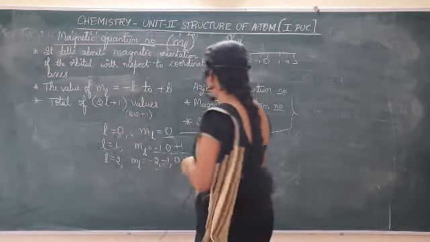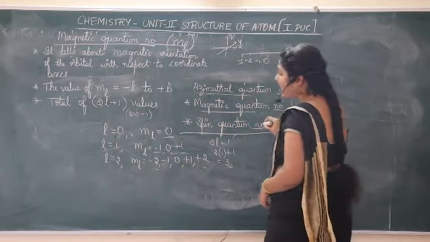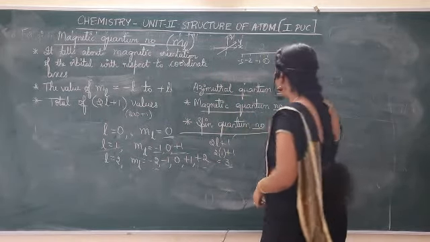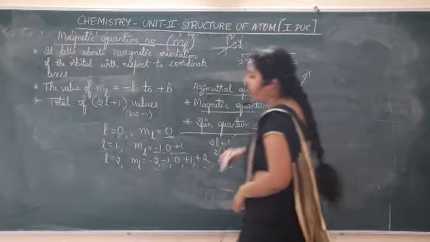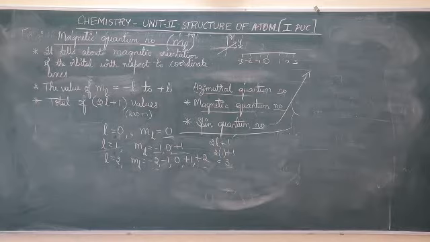Which is the next one we have? Next one we have is spin quantum number. What does spin quantum number tell about? Spin quantum number tells us how the spinning of electron takes place.